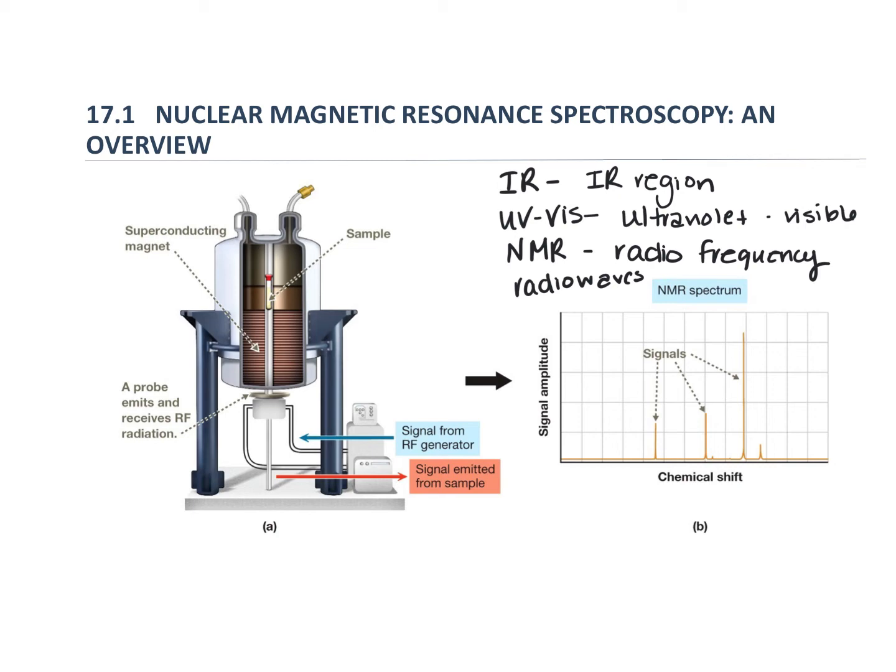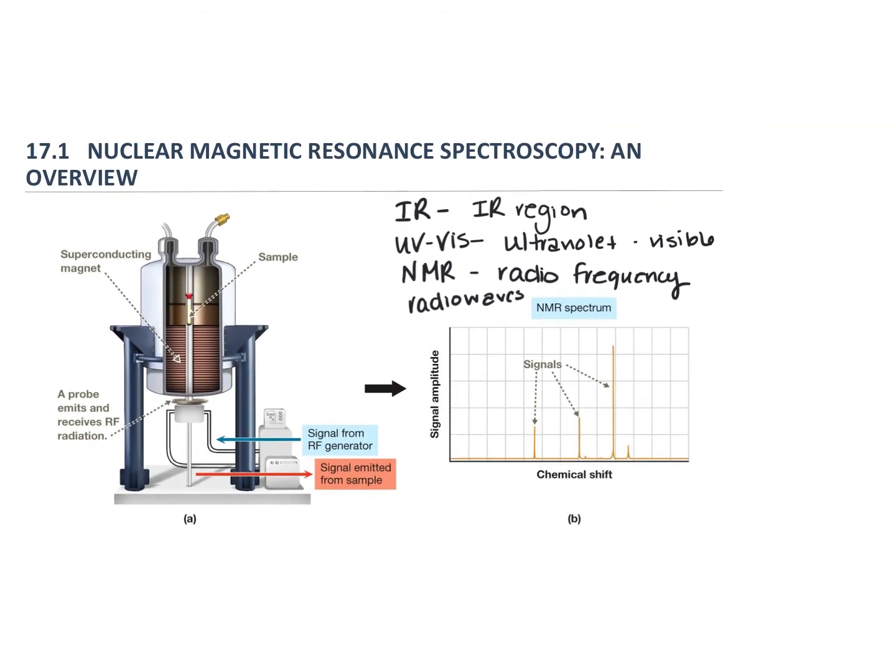Now, you're probably familiar with radio waves because they're used in communication technologies like AM and FM radio signals, and wireless network connections for computers. Photons in this range are less energetic than those for either the IR or the UV-Vis regions, encompassing frequencies from around 3 hertz to 3 times 10 to the 11th hertz.